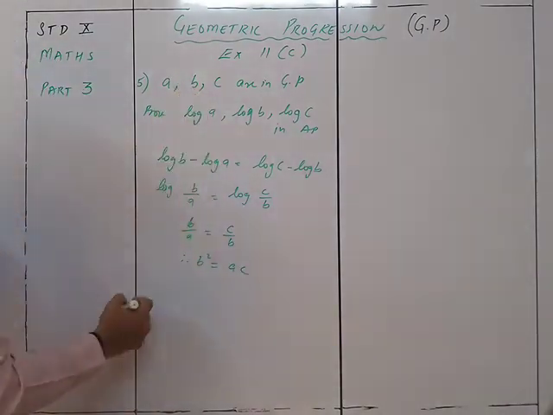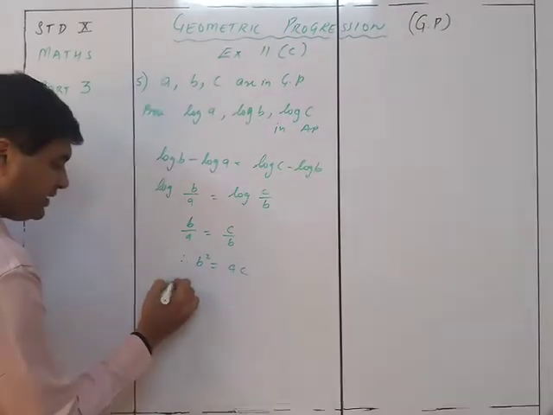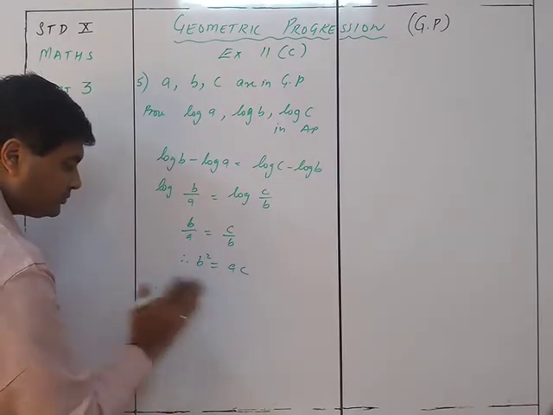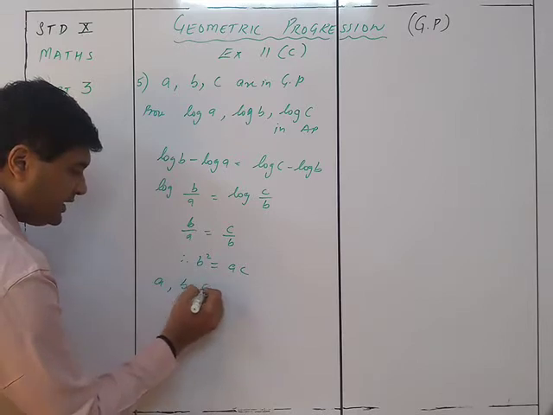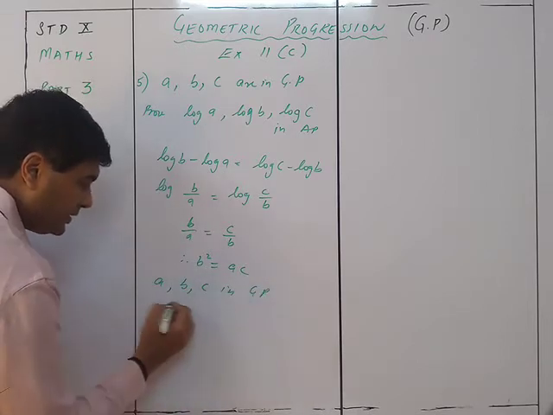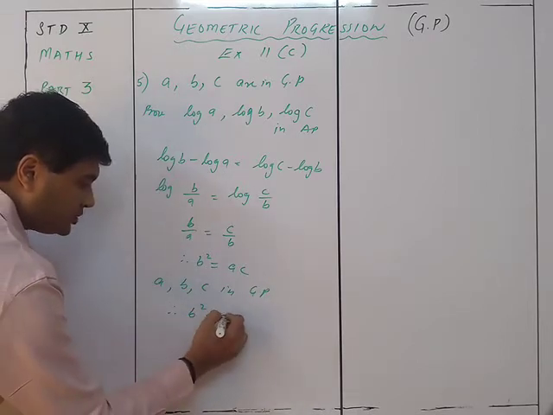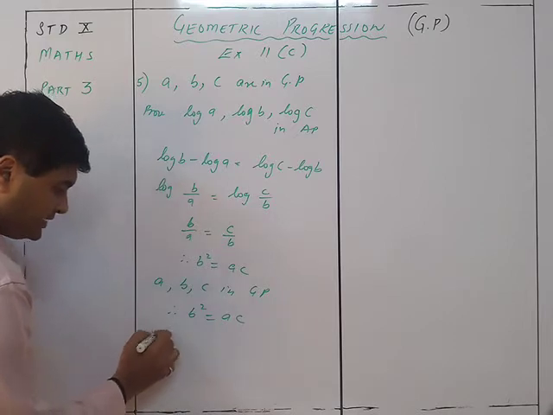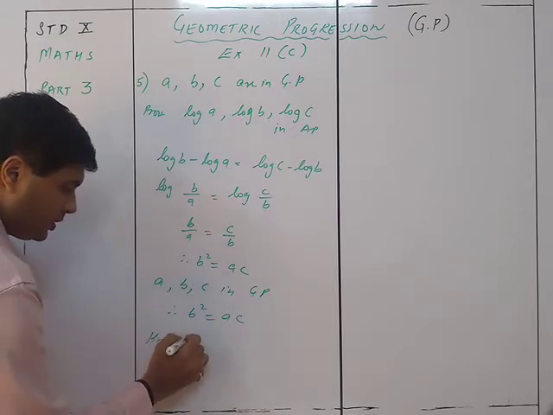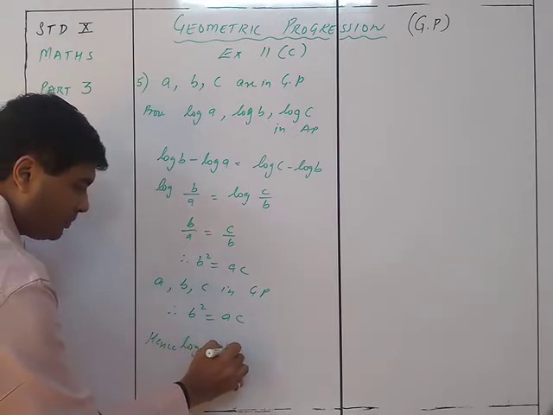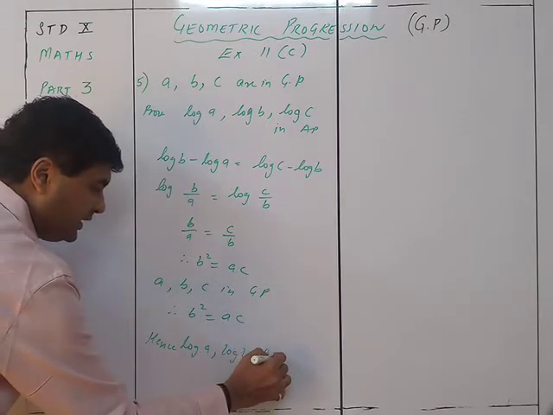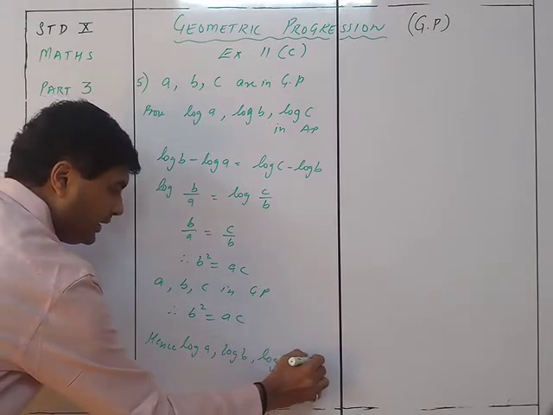Now we already know that A, B, C are in GP. Therefore, B square is equal to AC. Hence, log A, log B, log C are in AP.